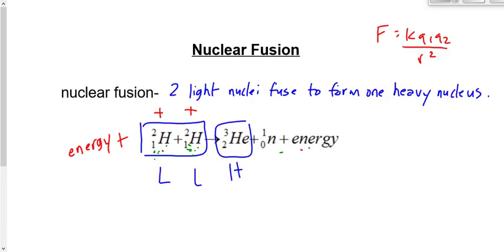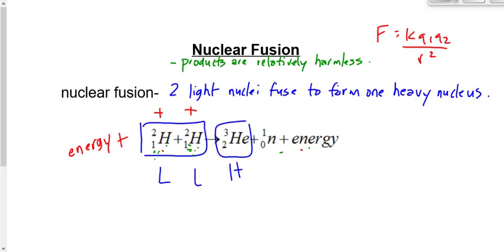The upside to fusion, one of the upsides to fusion, is that the products are relatively harmless. You don't want to be anywhere near a fusion explosion.